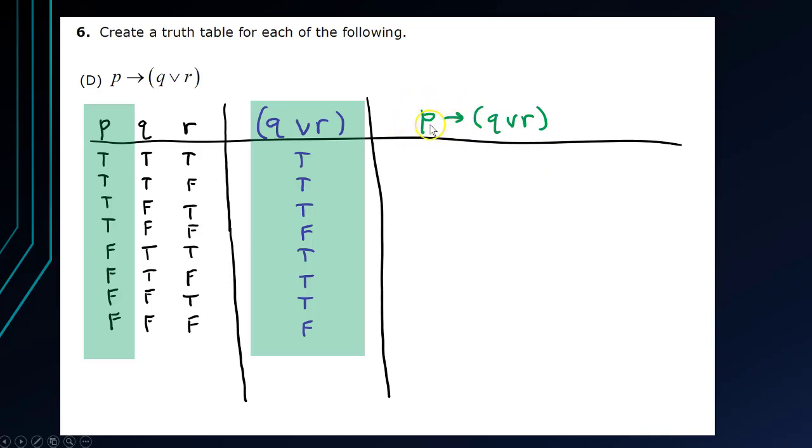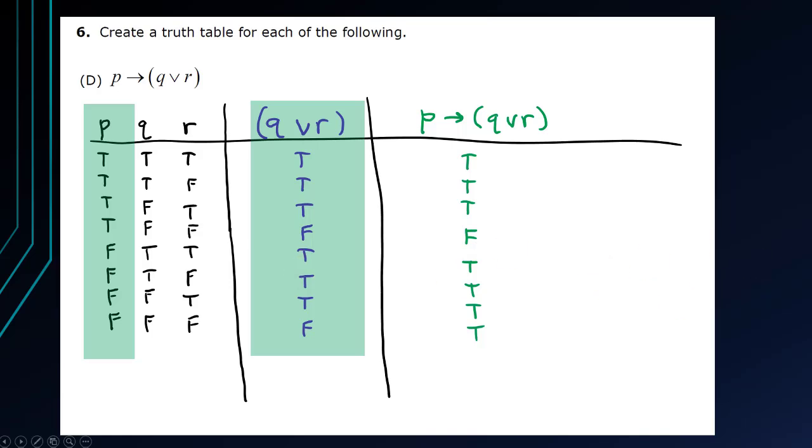The only time this will be false is if this is true and this statement's false. I have one instance here where it's true and then false, so this is the only instance where I'm going to have a false. The only other ones are that they're either both true or P is false. So I'm going to have the fourth line being false, and all the other lines are going to be true. And that's what the truth table is.